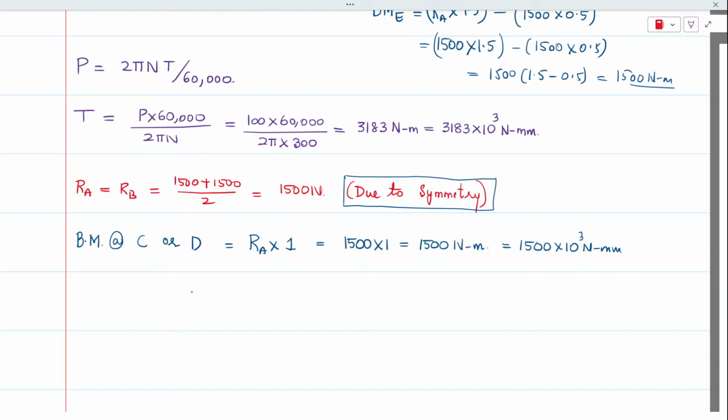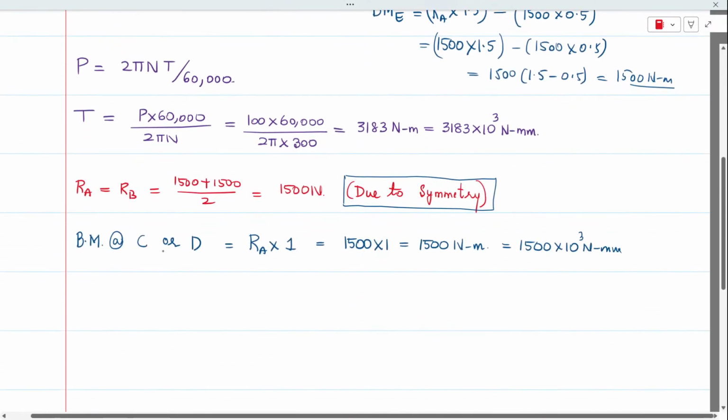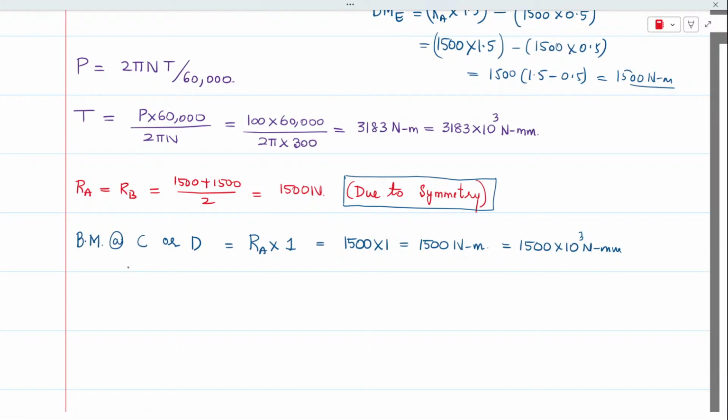Now, next one, we have got bending moment, and here in the question they have given shear stress. So if shear stress is given, we have to once again make use of Tresca and Guest theory, or maximum shear stress theory, or the result that has been derived by using the above theories. So the result that has been derived is nothing but equivalent torque.